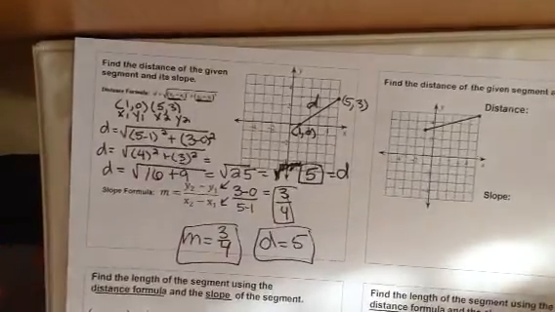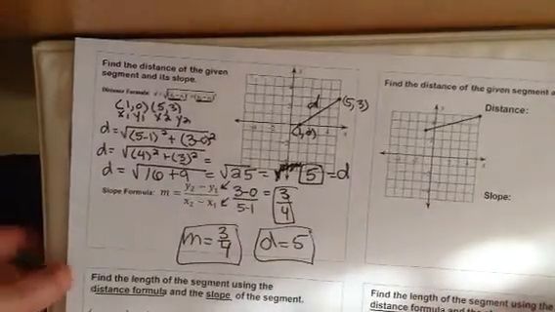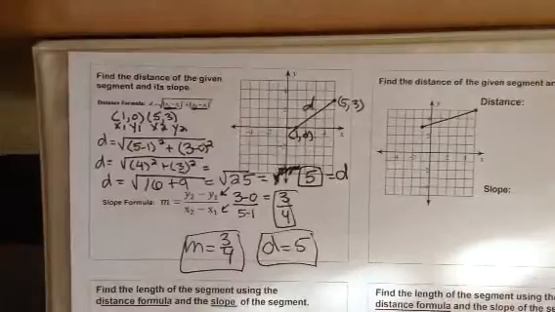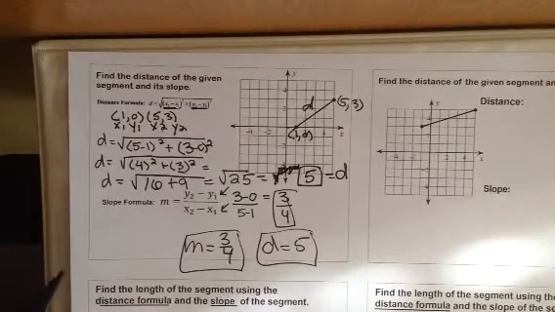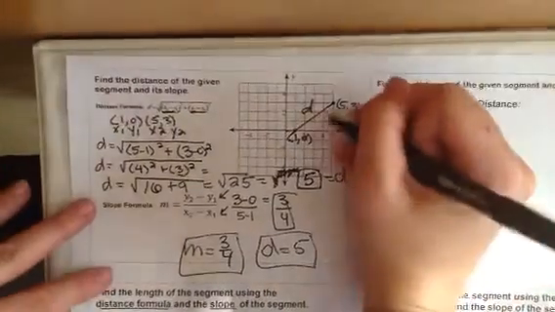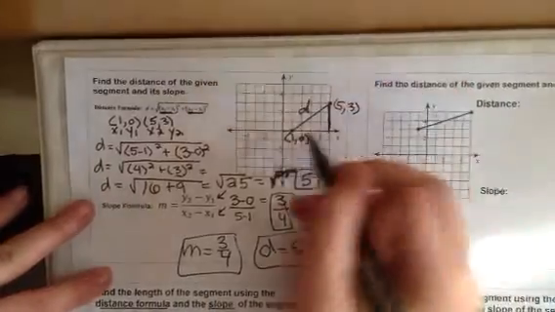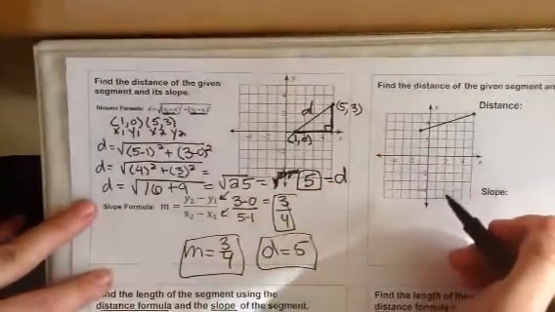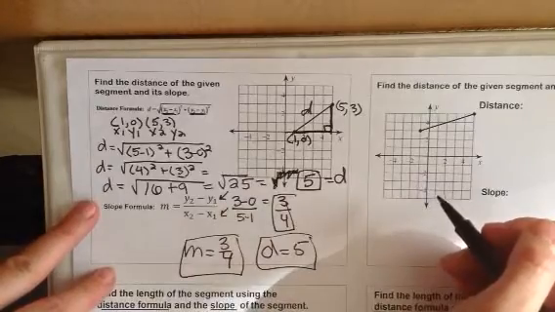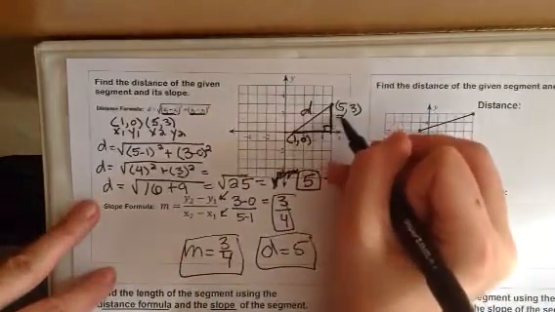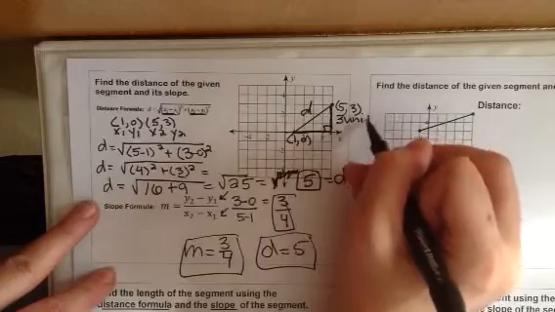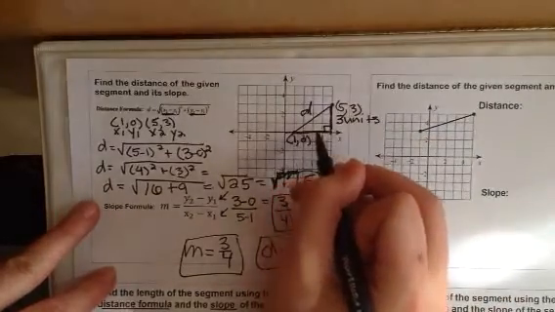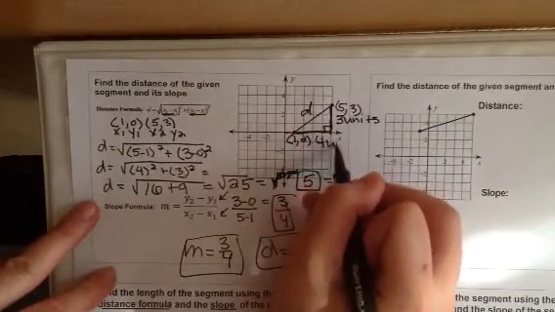Alright, so if you look at the next one. Well, before we do, just in case you see the connection, if I was to draw a right triangle here, I actually could use the Pythagorean theorem to figure out the distance. Because this is 3 units long. This is 1, 2, 3, 4 units long.